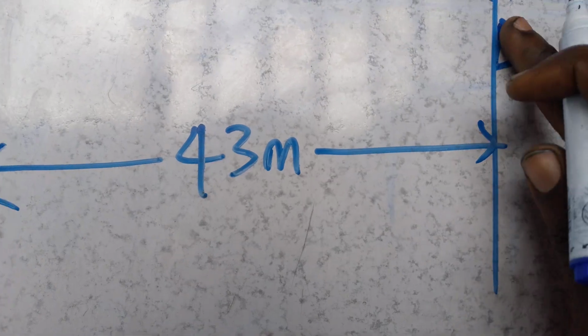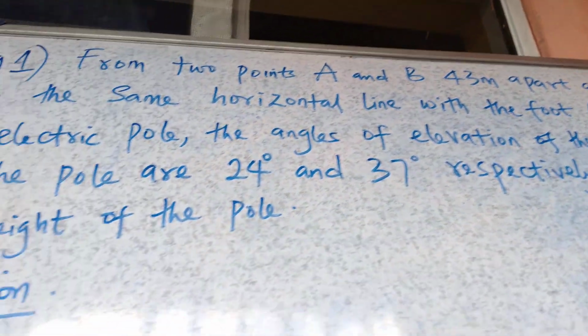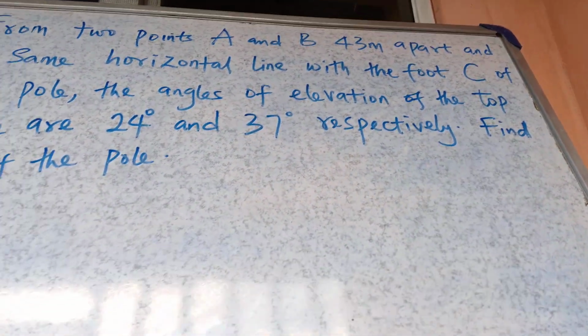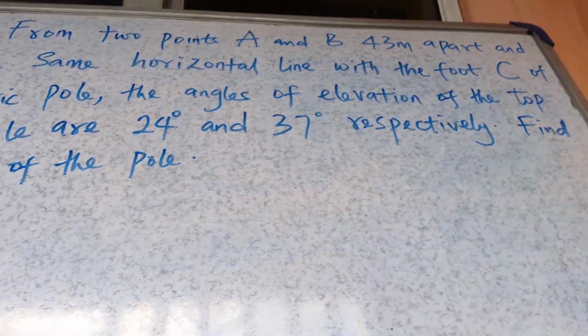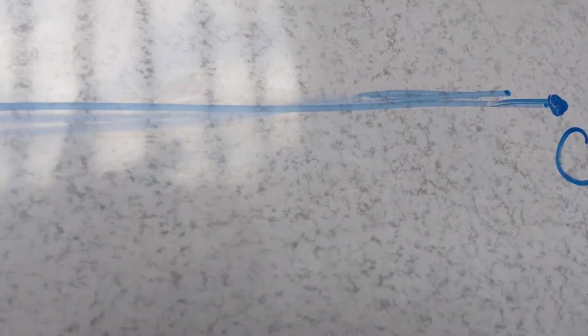Okay, so this point is point B. It says A and B are 43 meters apart and on the same horizontal line with the foot C of an electric pole. So if we call this point C, that's an electric pole.